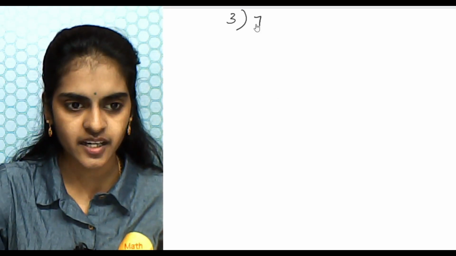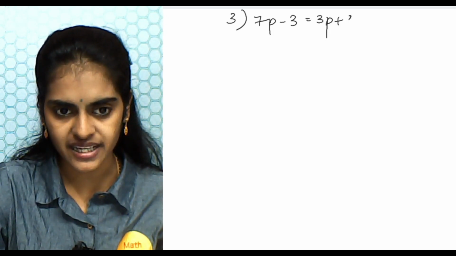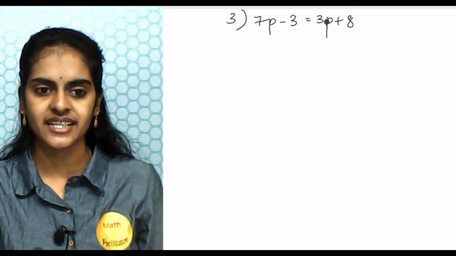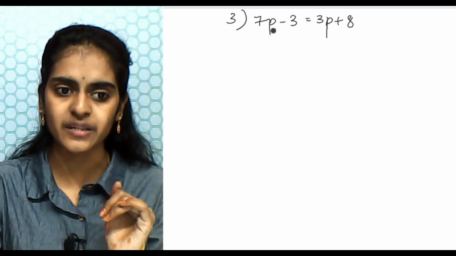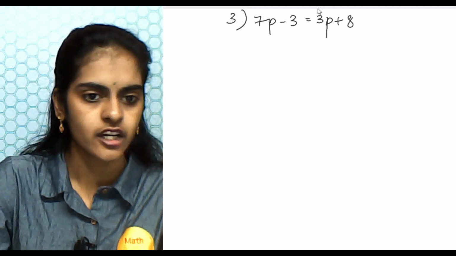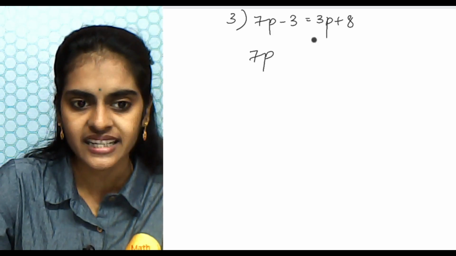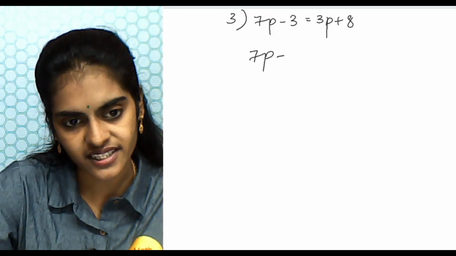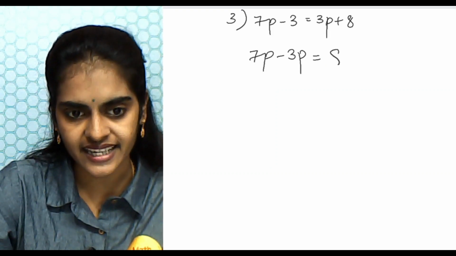It is 7p minus 3 is equal to 3p plus 8. Let us take all the variable terms to one side. Here the variable is p. You have 7p here, you have 3p here. So let me take this 3p to LHS. You'll have 7p, this is plus 3p, going into the other side becomes minus 3p, is equal to, you have 8 here, write 8.